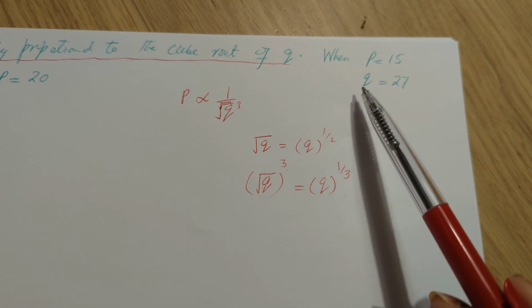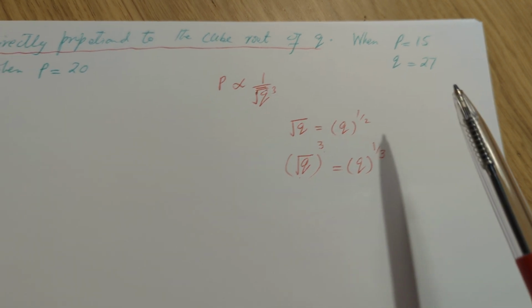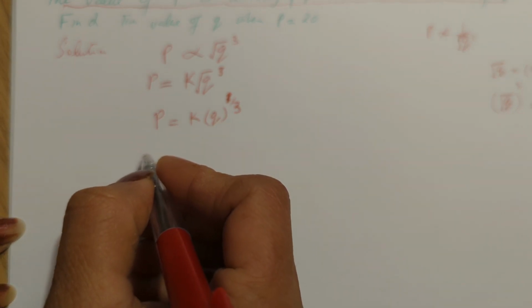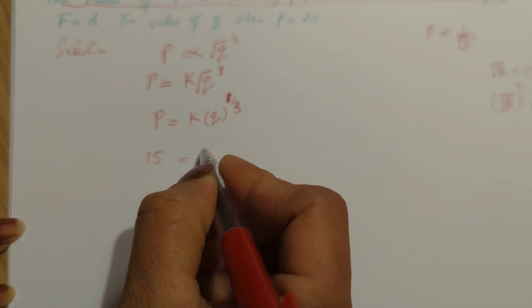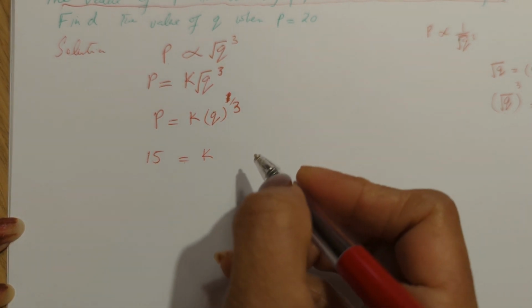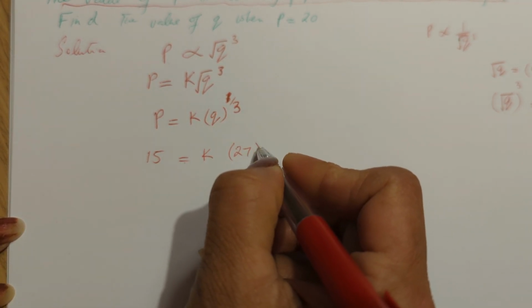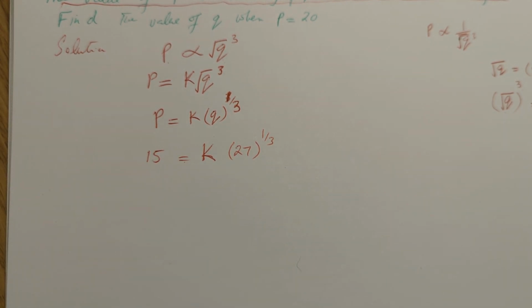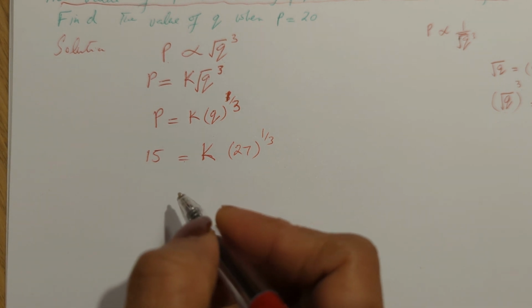P is equal to 15 and q is equal to 27 in our simplified expression. So when I write P is equal to 15, in place of q I am going to write 27, because it is given. If you do mathematics questions step by step, then there will be no chance that you will make any mistake, right? So I am going like that.